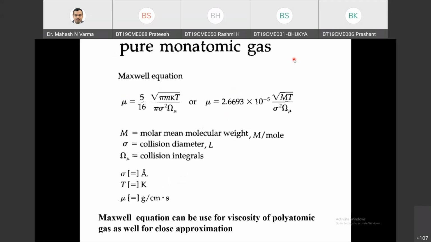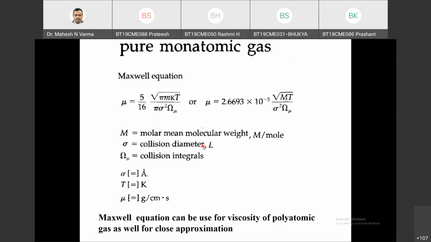This is used for polyatomic gases, and when the density of gases is larger. Okay, when the density of gases is larger, molecules of gases are again considered to be spherical, but the distance between these two molecules is considered to be less, so that they are interacting. So there will be an interacting force, and for deriving this equation, again statistical thermodynamics is important. More input is taken from statistical thermodynamics, and Maxwell has derived this equation.